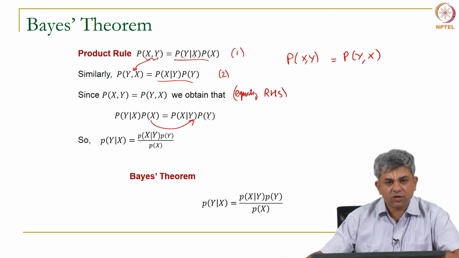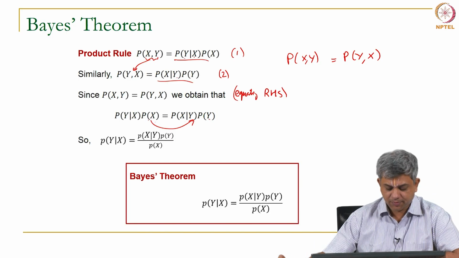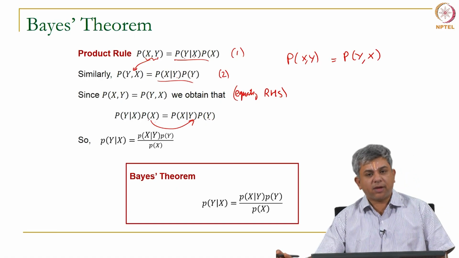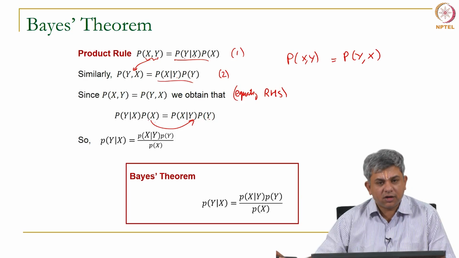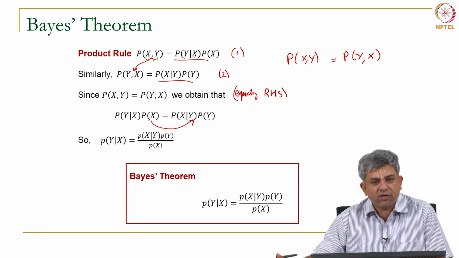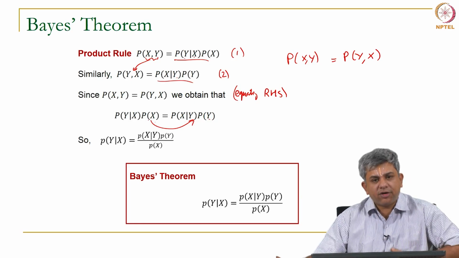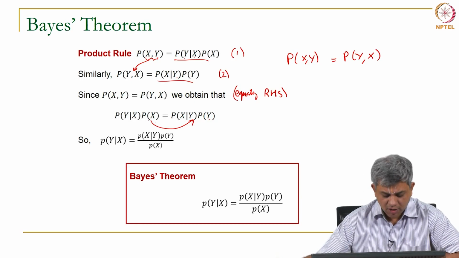Okay. So, this is called Bayes theorem. It is an extremely useful theorem, sometimes has very counterintuitive results, or at least non-intuitive results if not counterintuitive. We can get non-intuitive results, as we will see in the next video.